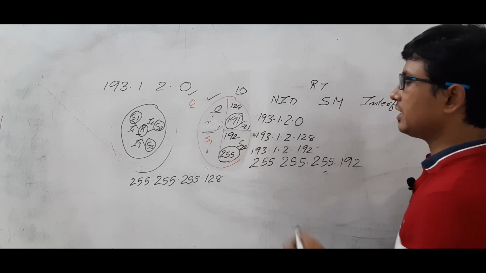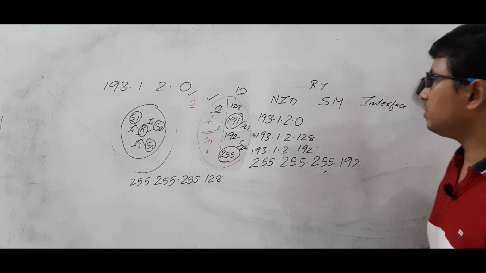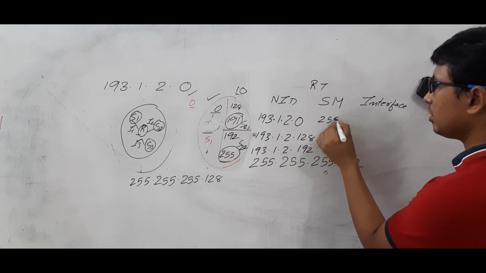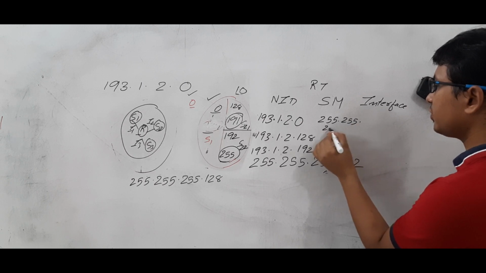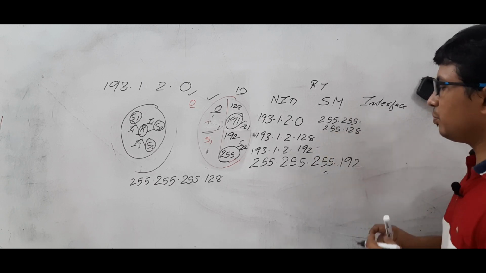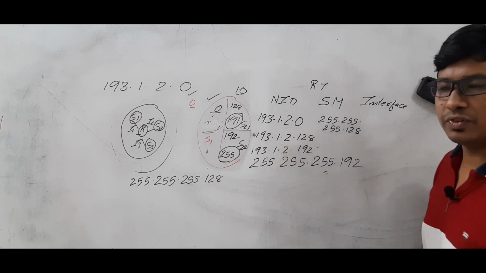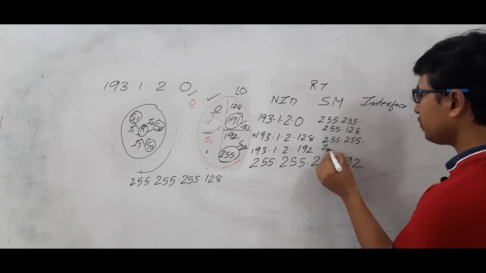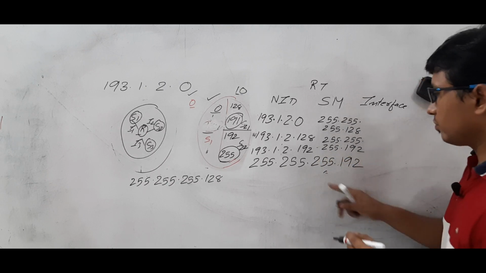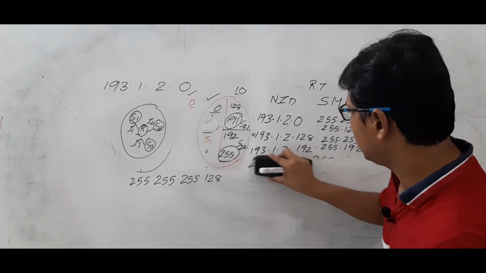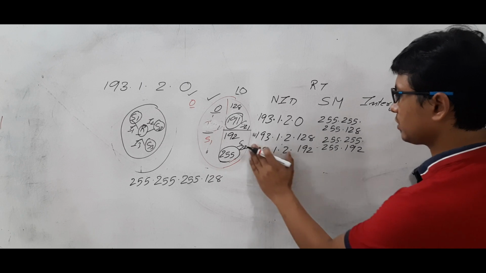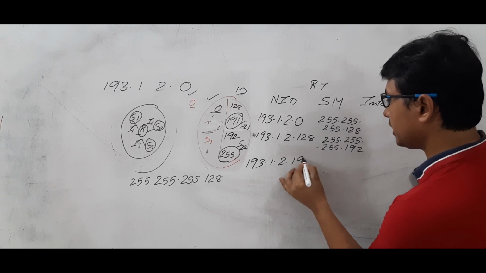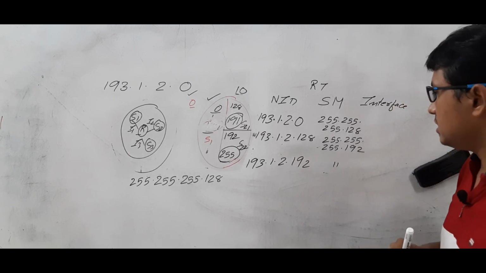So these are the subnet IDs, or the network IDs, of each one. Now can you tell me what is the subnet mask for this one? It will be 255.255.255.128. I hope you are able to understand. What is the subnet mask for these two? It will be 255.255.255.192. Is it clear? Even for this network, 193.1.2.192, you will have the same subnet mask.